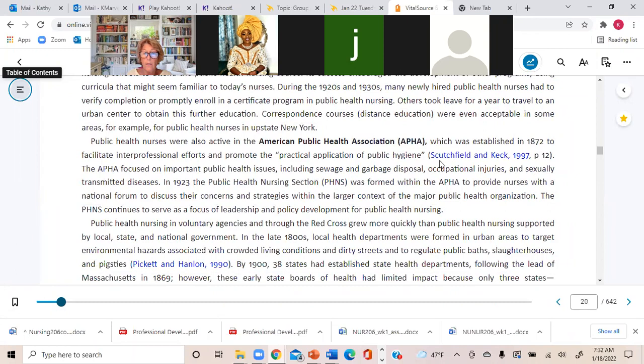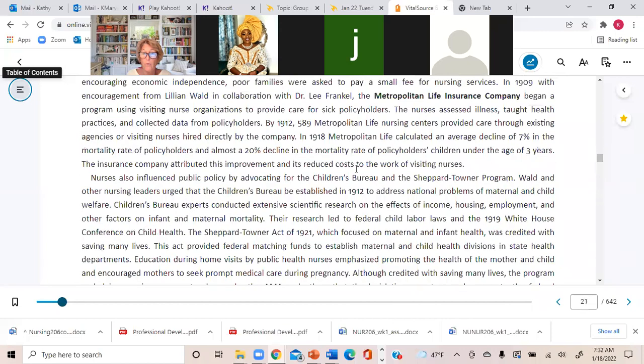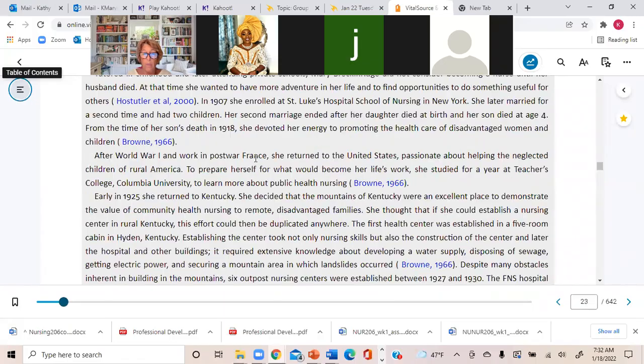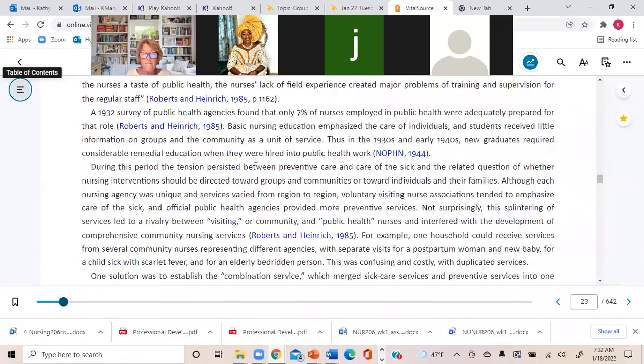So you need to know the differences of what the functions are for the APHA and frontier nursing services. You'll definitely need to know that.